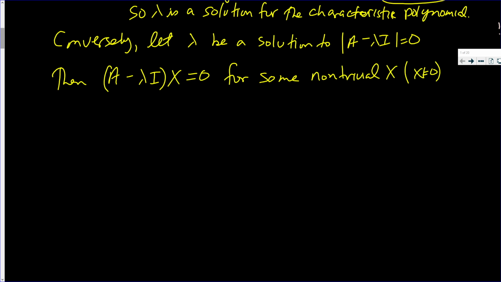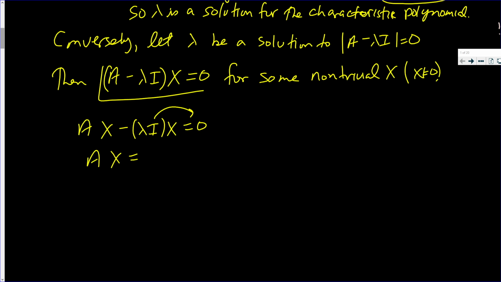Okay, so what does this tell us? Well, distributing the x from this equation right here, we get Ax minus lambda I times x is equal to 0. Bringing this to the other side, we get Ax is equal to lambda I times x, but that equals lambda times Ix, which is lambda x.